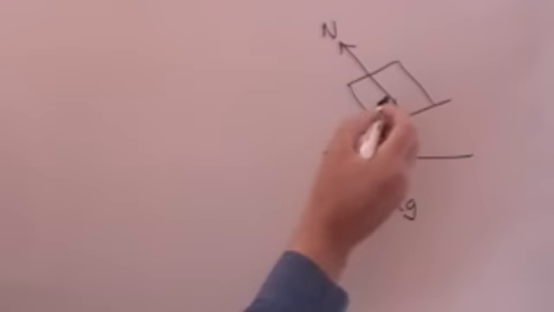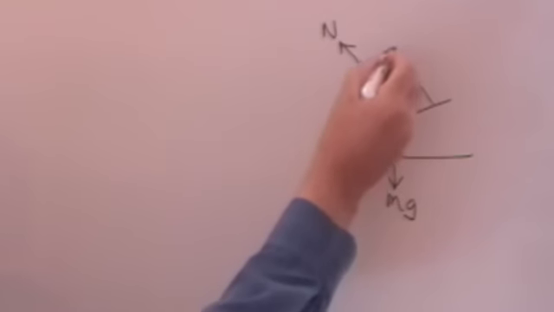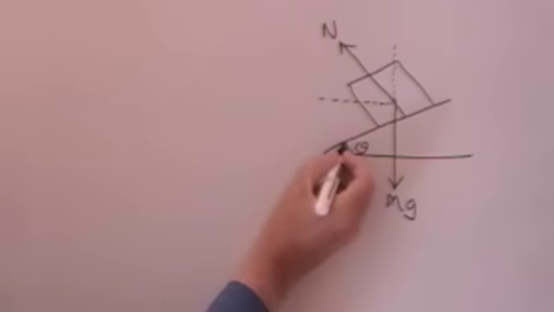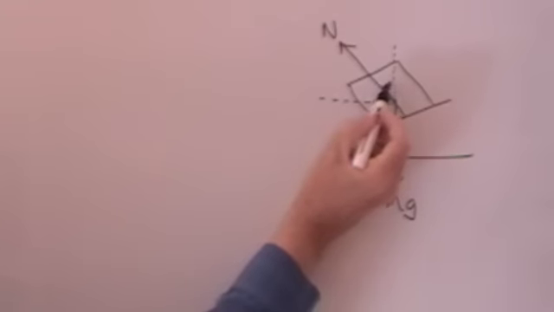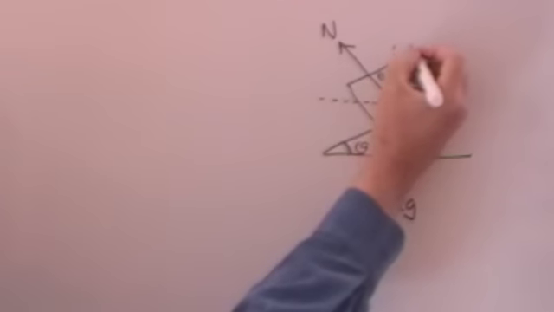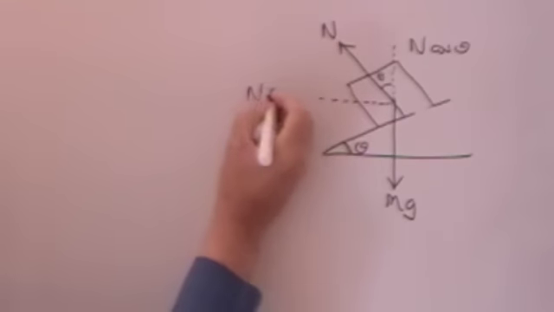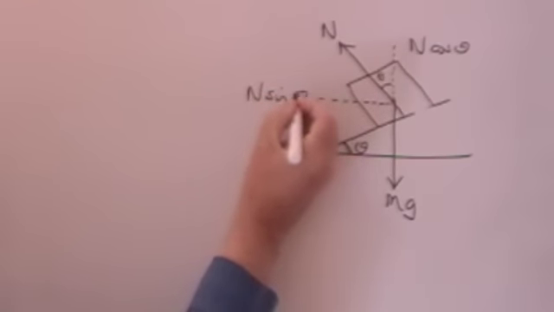And you can always, of course, resolve that normal force into its component parts, a vertical component and a horizontal component. If this angle here is theta, then it's pretty easy to show that that angle there is also theta. And if that's the case, then the vertical component will be n cosine theta, and the horizontal component will be n sine theta.